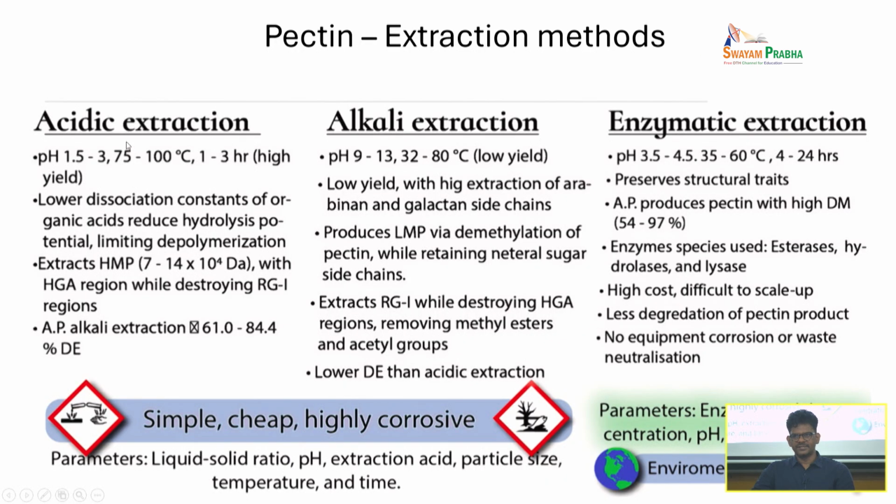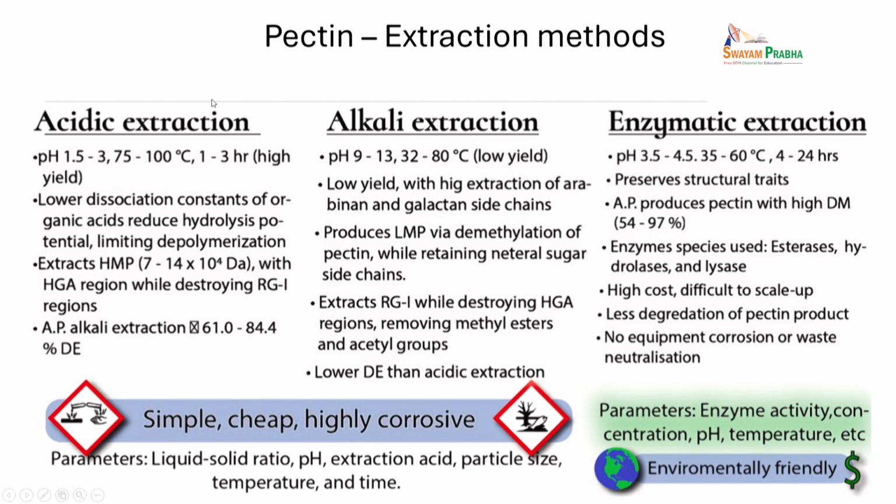So here is a comparison between various kinds of extraction. If you look at the acid extraction that I shared in the previous slide, pH is between 1.5 to 3, temperature can be of the order of 100 degrees, and the time is about 1 to 3 hours. Acidic extraction is the one that gives the highest yield of pectin and is most preferred also, and it can extract high methoxylated pectin.